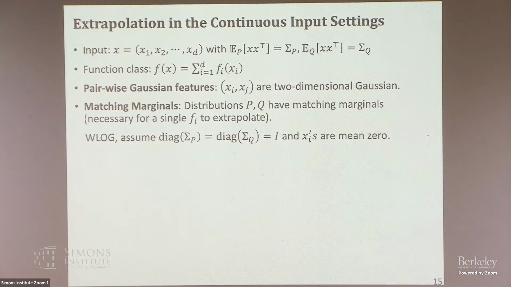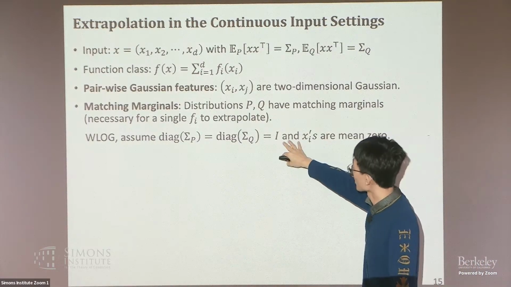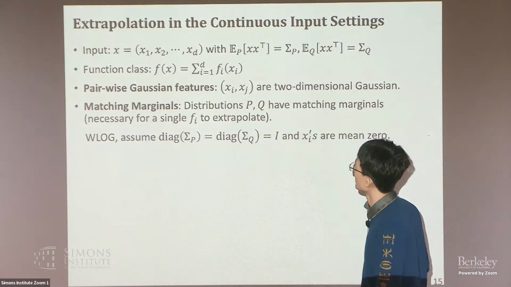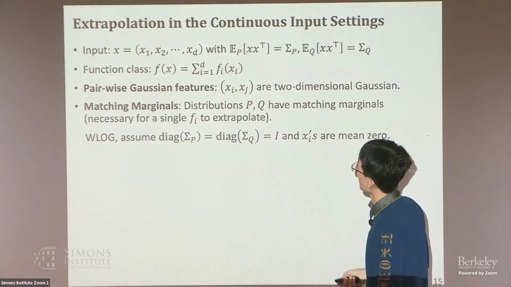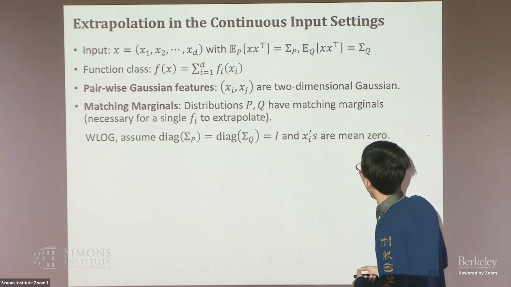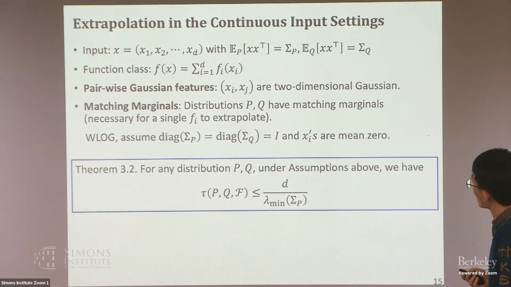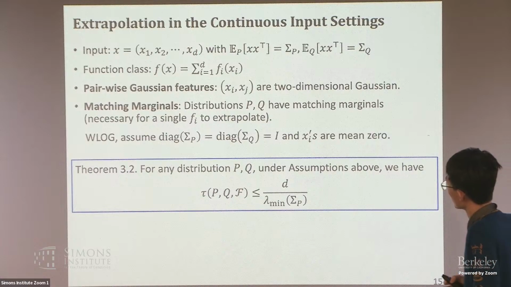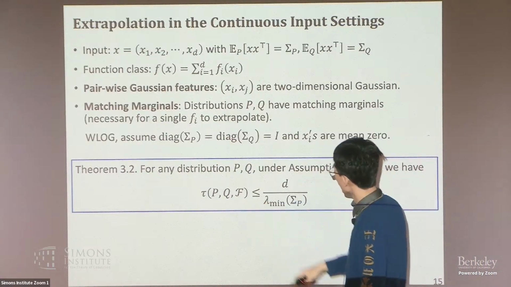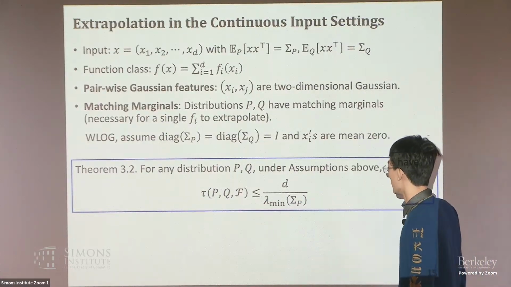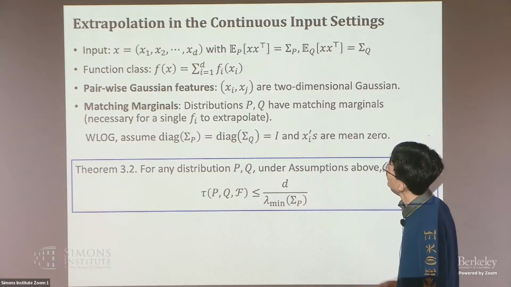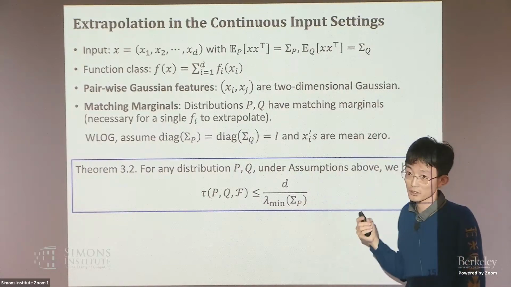It's not very important. Let's just say you can extrapolate in the 1D sense because you have matching marginals, and also, without loss of generality, we assume the covariances sigma p and sigma q are identity, and x's have mean 0. Under these settings, you can prove that the ratio we are trying to bound is bounded by d over the minimum eigenvalue of sigma p, where sigma p is the covariance of x.